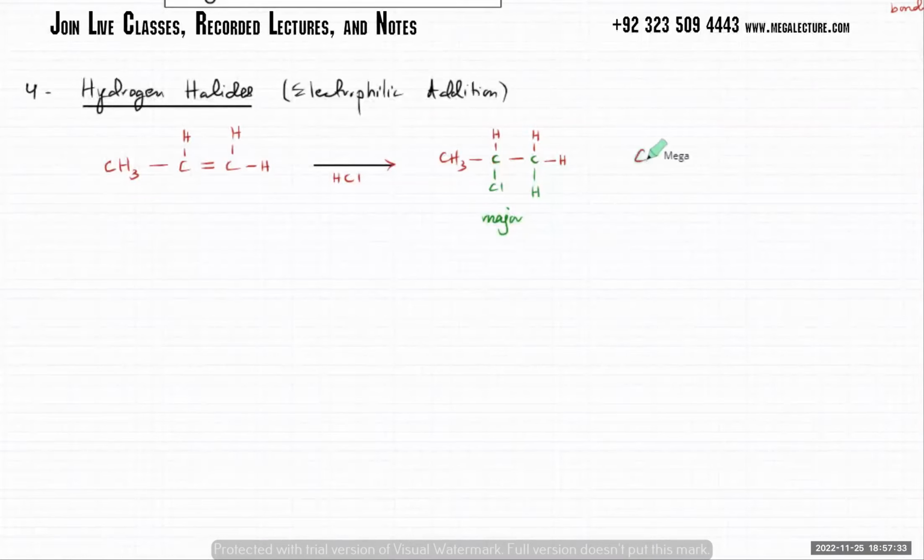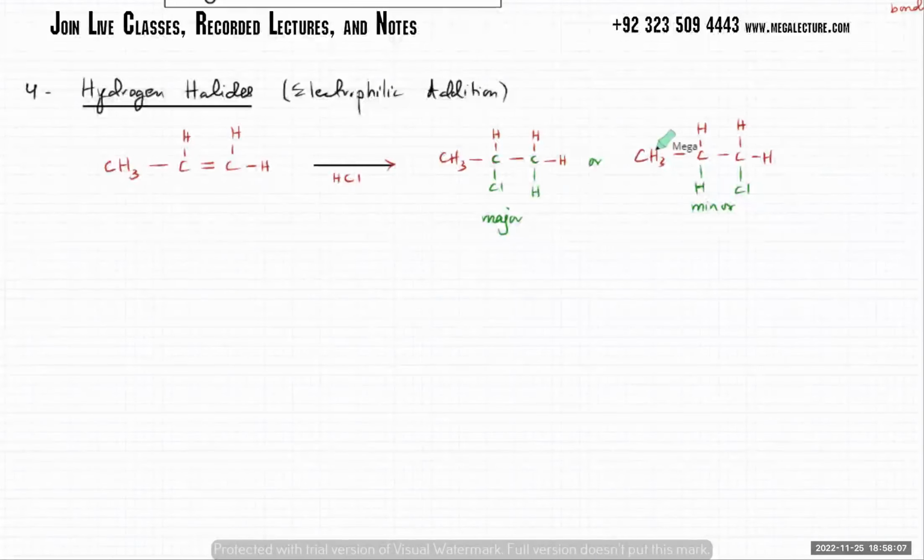That's CH3, and then C and H. So then you have, here at the bottom, the Cl will be here and the H will be here. So that's going to be your minor product in this case. So two products are going to be formed, and that's pretty much it.